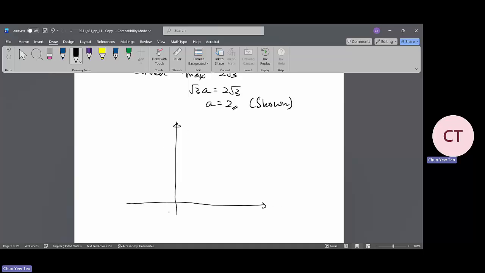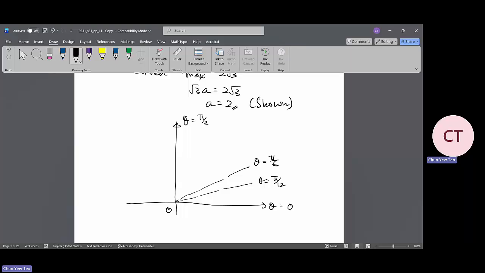So from here we can actually draw the diagram. I draw freehand, but in the exam you cannot draw freehand. In the exam you need to draw with the proper scale and with the proper tools. Use a ruler. So this one is theta equal to pi over 12. And this one is theta equal to pi over 6.